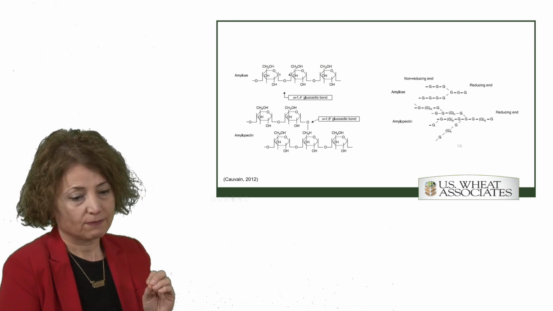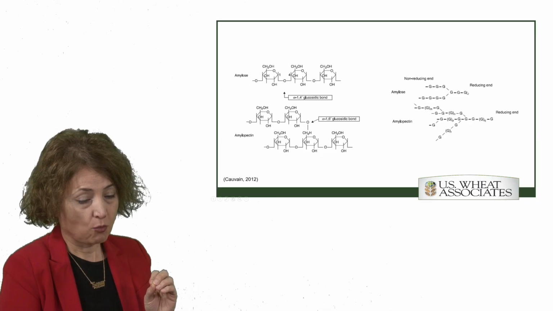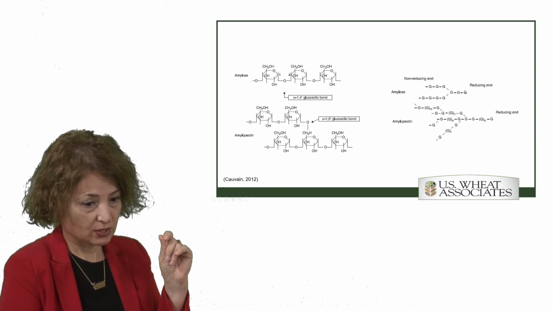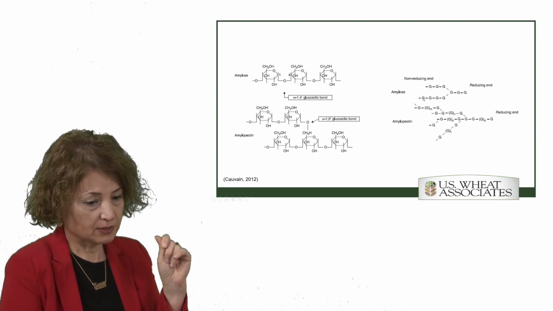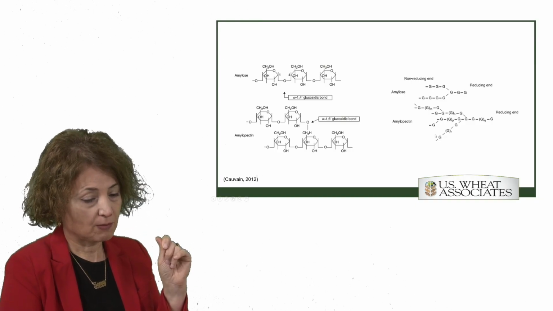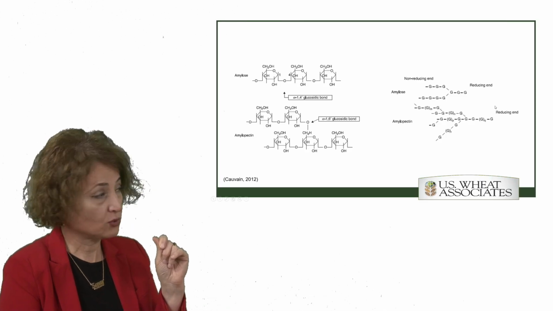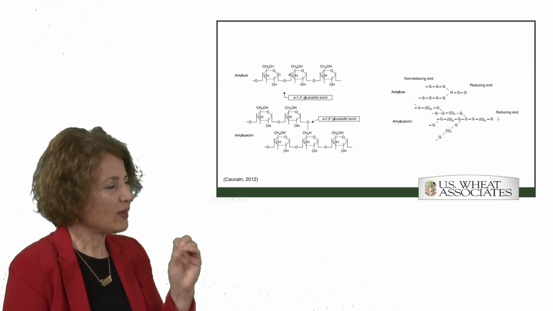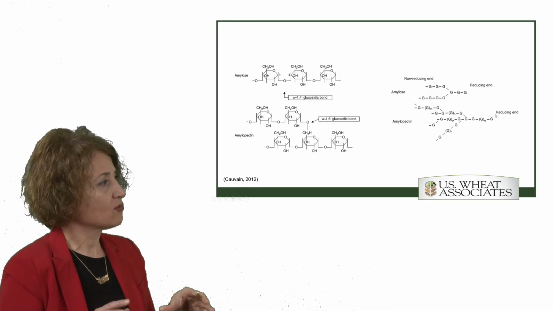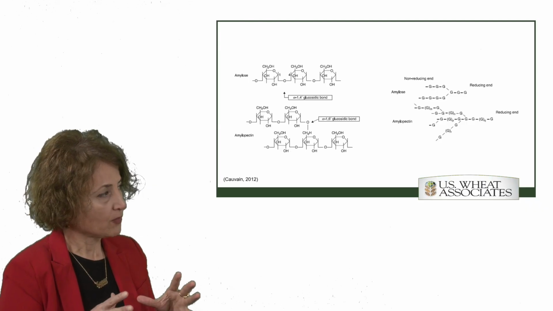In terms of chemistry, every starch molecule has one reducing end, and it can have multiple non-reducing ends. If you look at amylopectin, there are multiple non-reducing ends, and one reducing end for each molecule. What does that mean? In chemistry, if something is reducing, it means it's reducing something else.